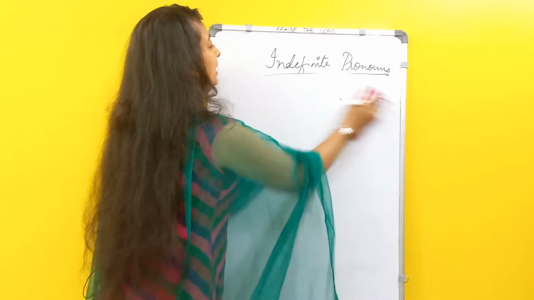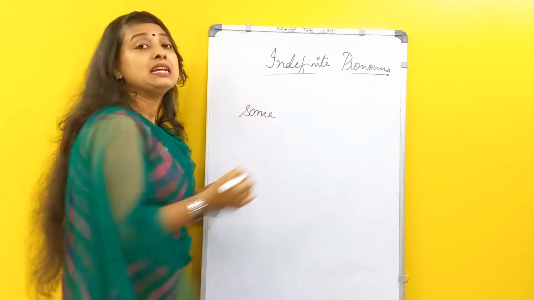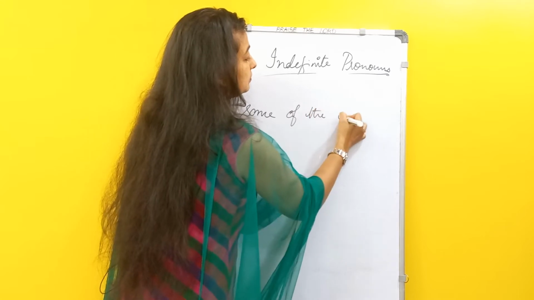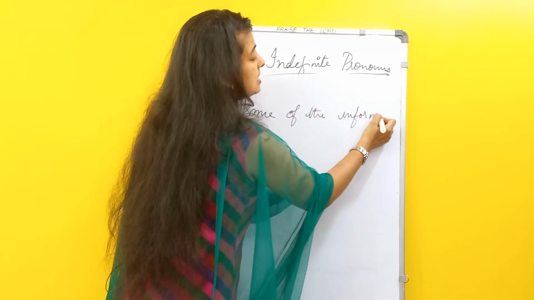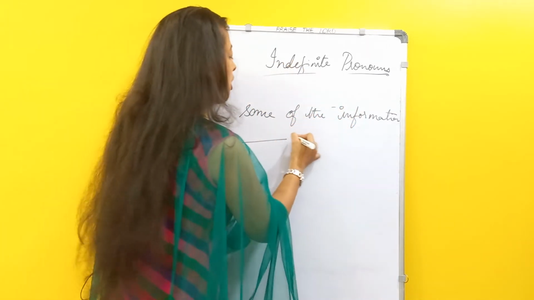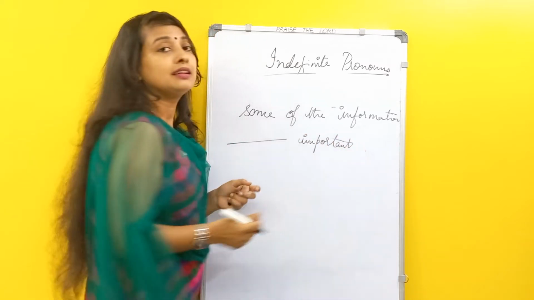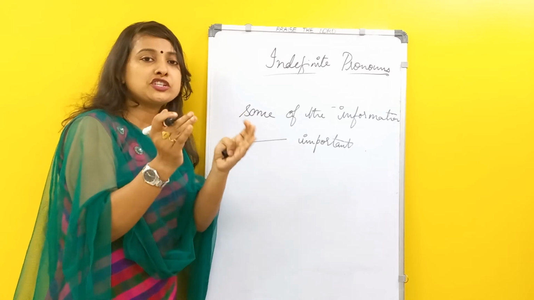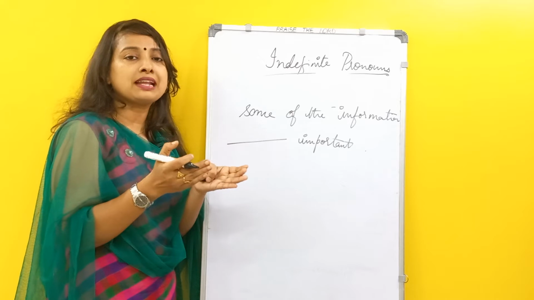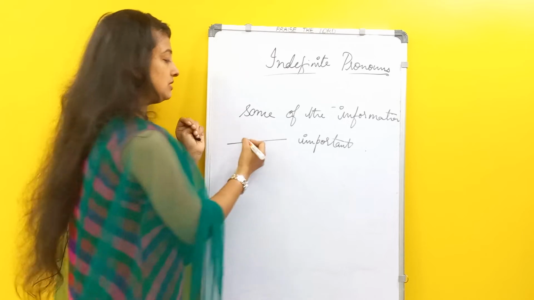One more example with some. Some of the information dash important. That means some of the information. Information is again an uncountable noun. So some of the information, from that information, some is important.